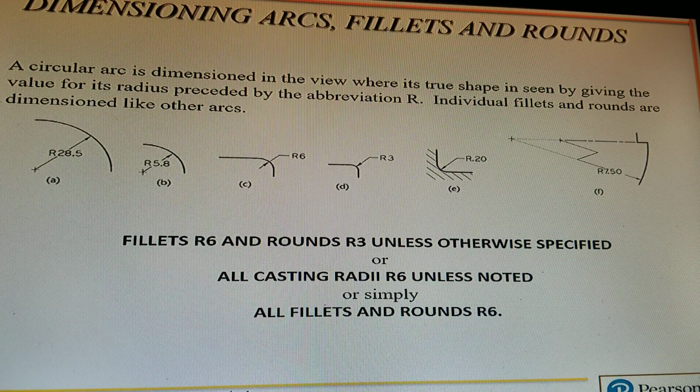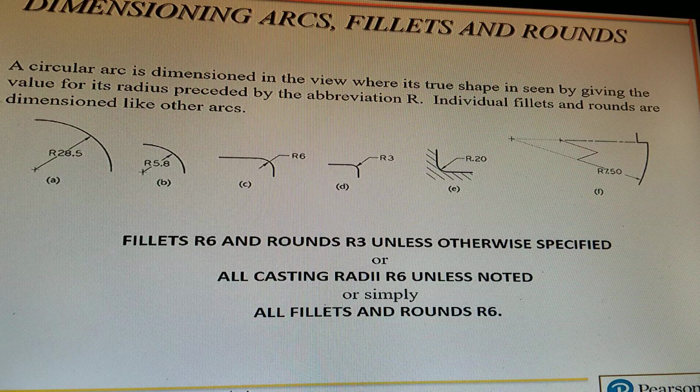Dimensioning arcs, fillets, and rounds. So there's the examples of how to do that. There's different ways of doing it, so I'm going to let you look at it. A, you put a center mark, you got a radius there. B is center mark and radius. C, you don't put a center mark, it's getting smaller.